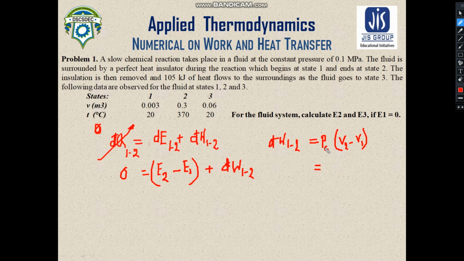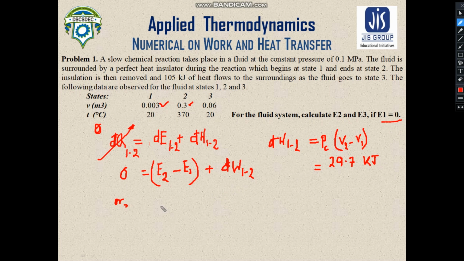So putting the constant pressure as 0.1, V2 as 0.3 and V1 as 0.00003, we will get the result of this work transfer as 29.7 kilojoule. I have calculated it earlier.